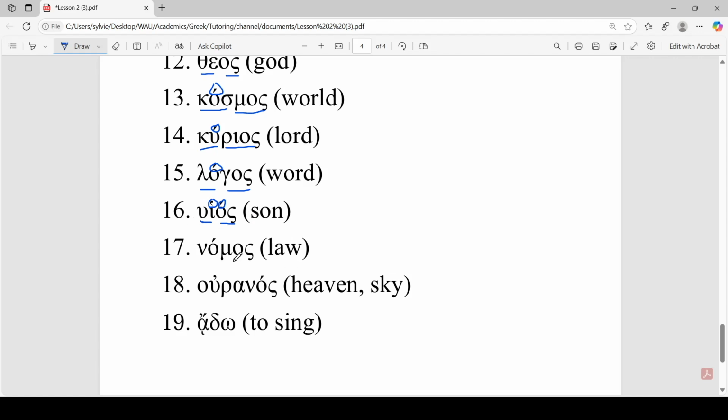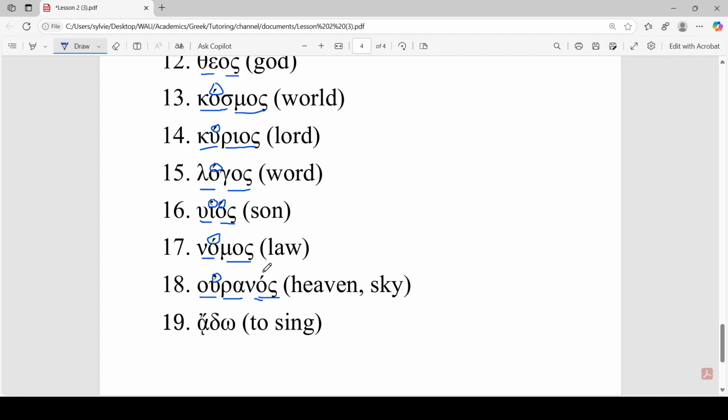And then we have another word, just like logos, that is nomos with the acute accent over the omicron. And then we have here another word. Can you try to pronounce it? Try it. Yes.